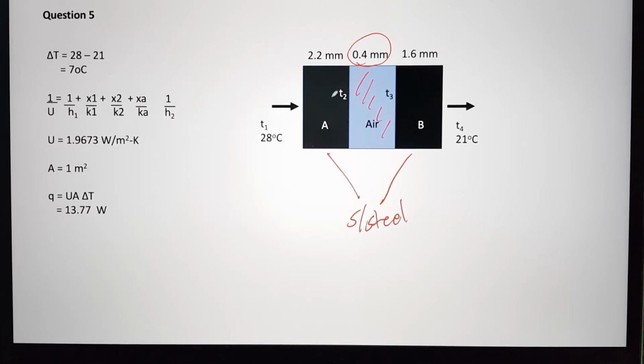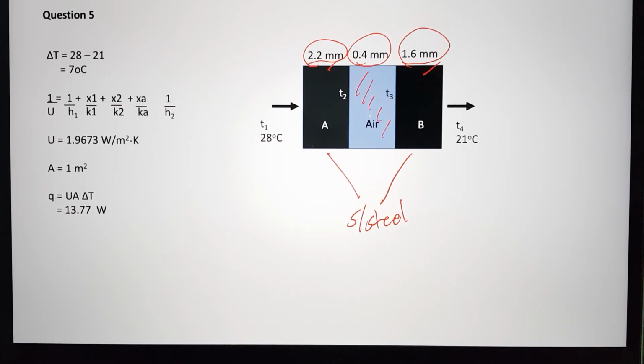Okay, the thickness of stainless steel pin A is 2.2 millimeter, and for stainless steel pin B, it is 1.6 millimeter respectively. So can you see that actually the thickness is different? It is not at the same thickness.